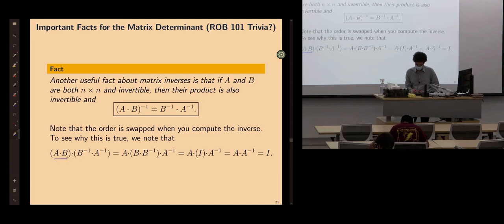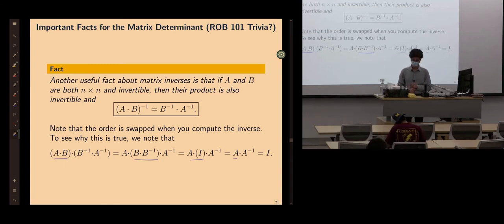So A times B times B inverse times A inverse. We use parentheses to make it clear. From inside, we have B times B inverse. That must be the identity. A times the identity will, of course, be A. A times A inverse is the identity. Now, if you do it the other way around, it doesn't work out.